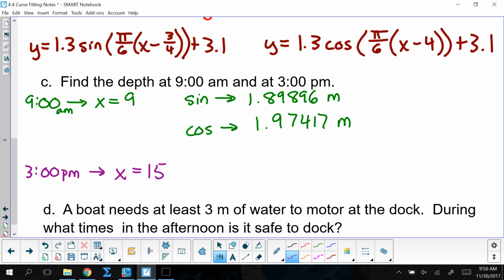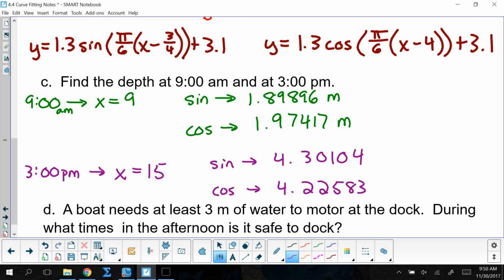At the 3 o'clock hour, my sine function gave me 4.30104, and my cosine function gave me 4.22583, both meters.